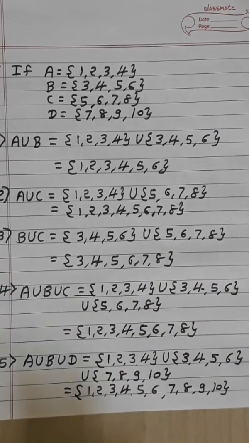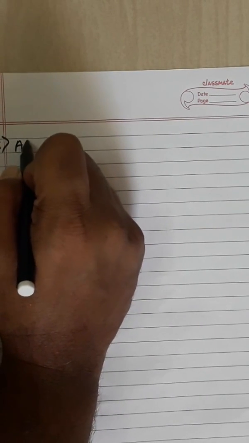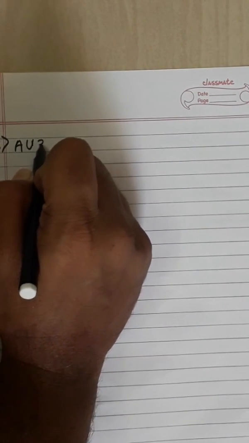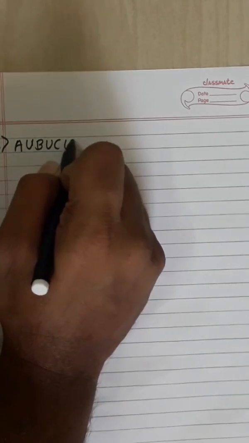Okay, now one more question, question number 6 related to this topic. A union B union C union D, suppose.